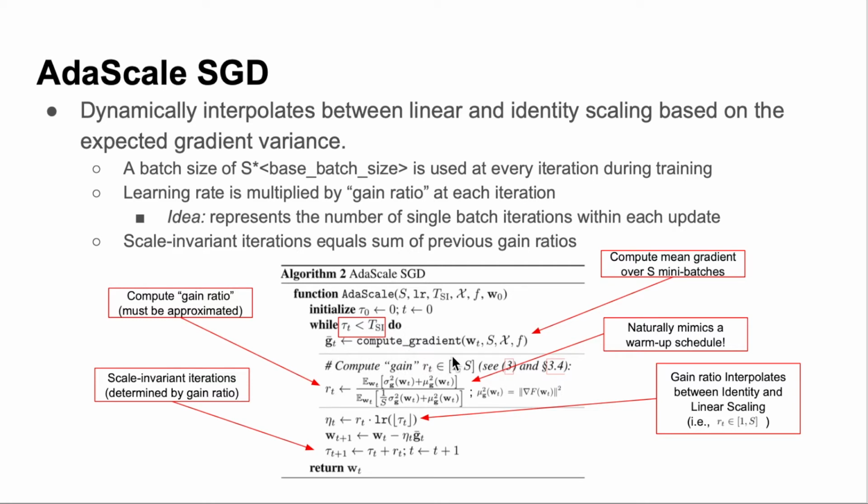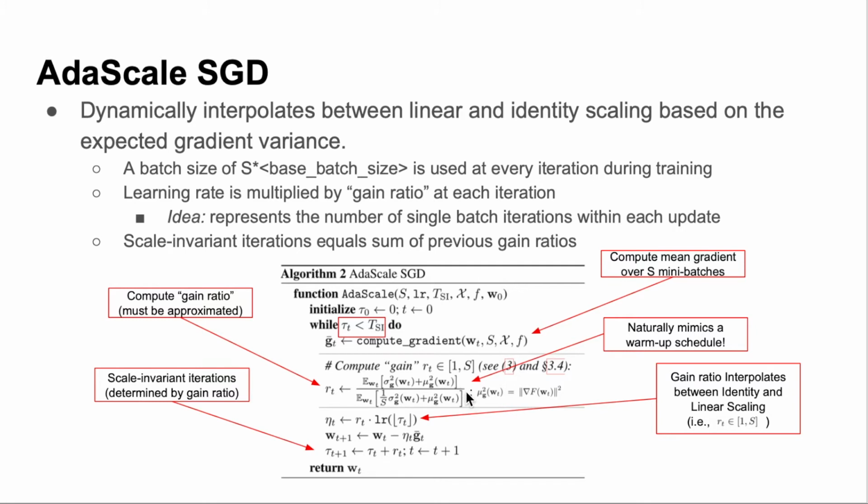And then we start by computing the gradient, which is the average gradient over our large mini batch. So the size of this mini batch will be s times whatever our base batch size is. Once we've computed this gradient, we compute our gain ratio, which is given by this theoretical expression right here that we'll later have to approximate. And it's based on the variance of the gradient of our mini batch.